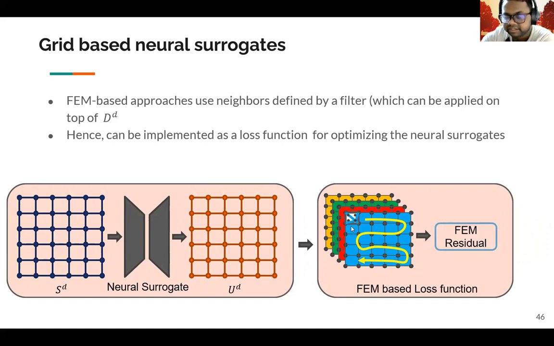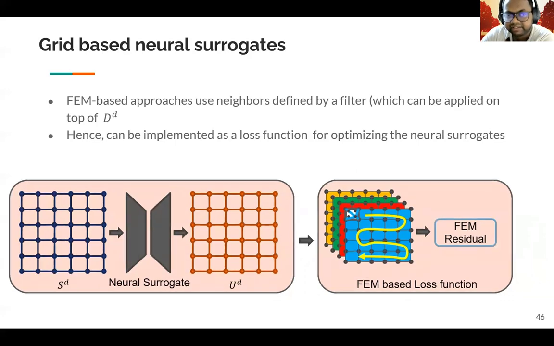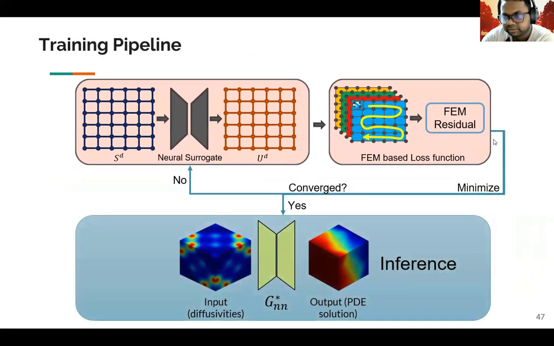Here also it is defined using convolution operations. Finite difference also uses the same convolution operation to define the operations. Once we have this kind of an approach, you can minimize this residual. If the solution has not converged, then you perform this operation again and again and again.